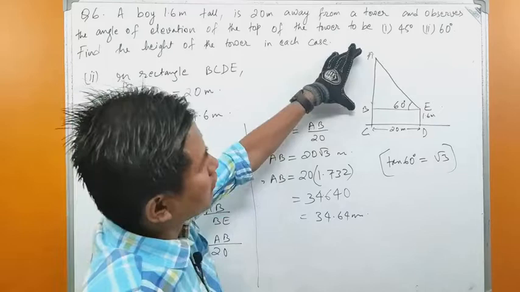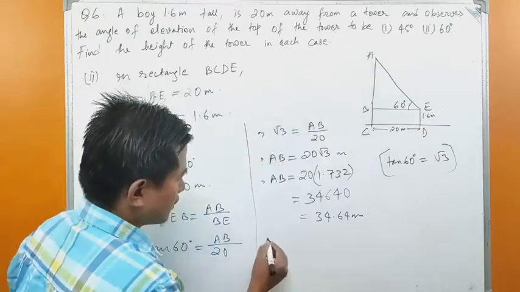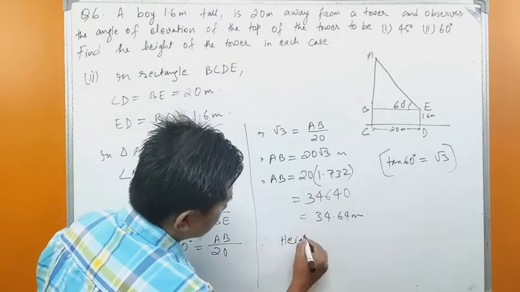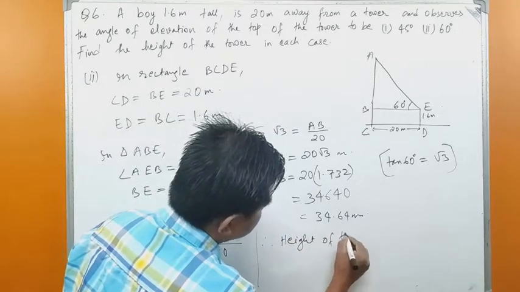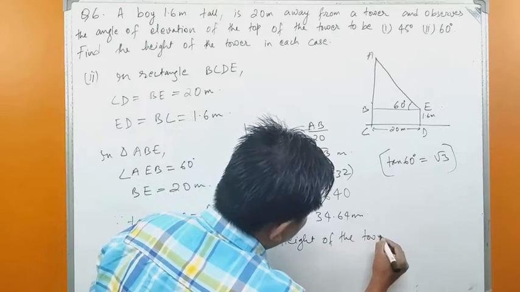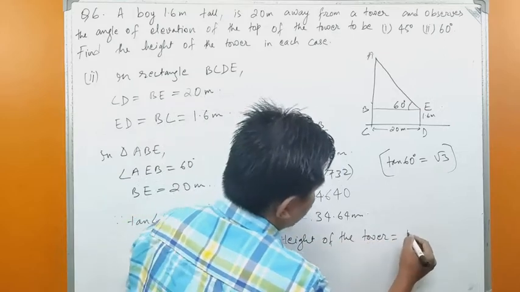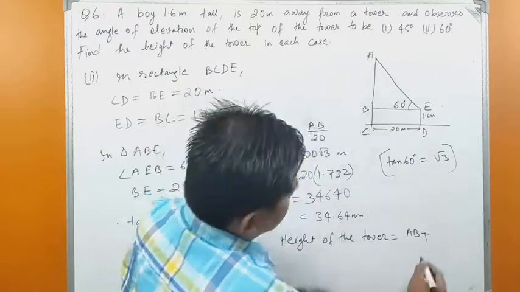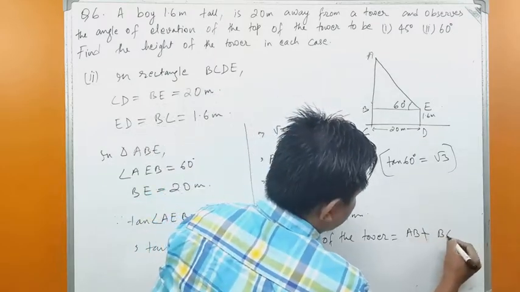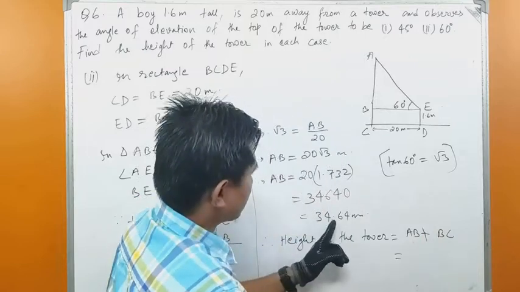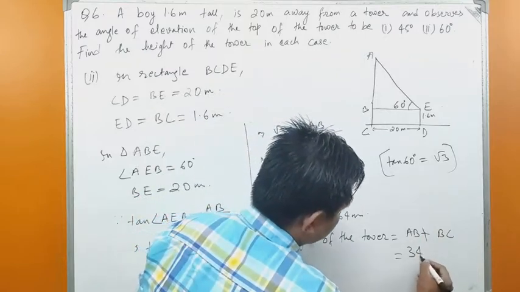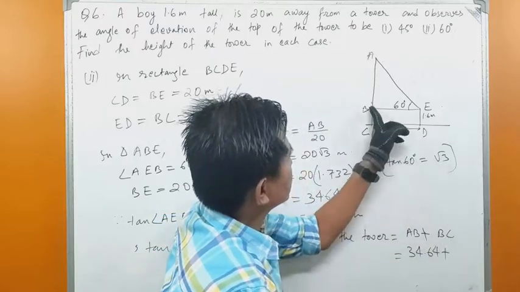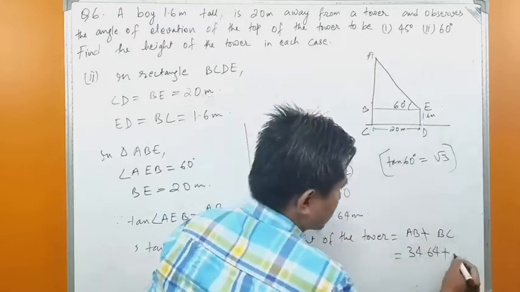Now the height of the tower is AB plus BC, isn't it? That is AC. Height of the tower equals AB plus BC. What is AB? AB is 34.64. 34.64 plus BC is equal to ED, that is 1.6.